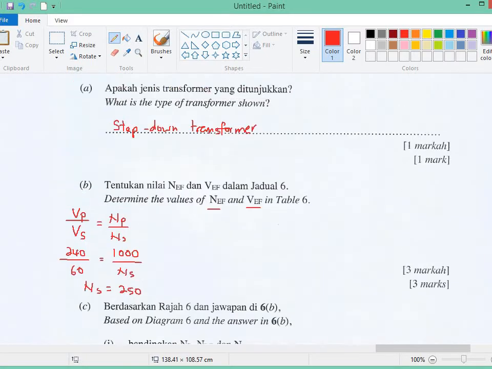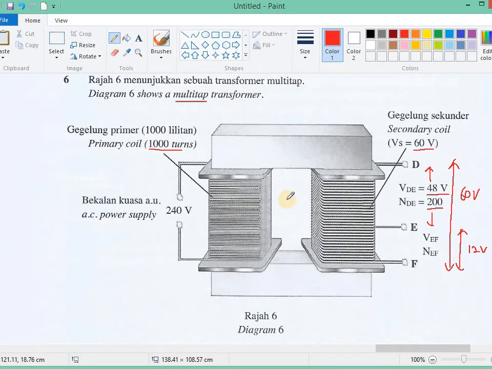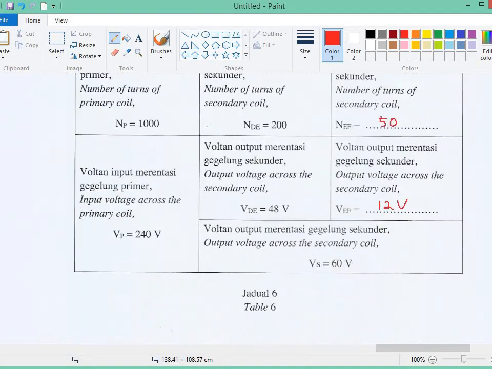First, you can see the number in primary coil and secondary coil. Primary coil more, secondary coil less. So more coil means higher voltage. And then you can also see from DE and EF. DE has more coil, DE has higher voltage. EF has less coil, EF has lower voltage.